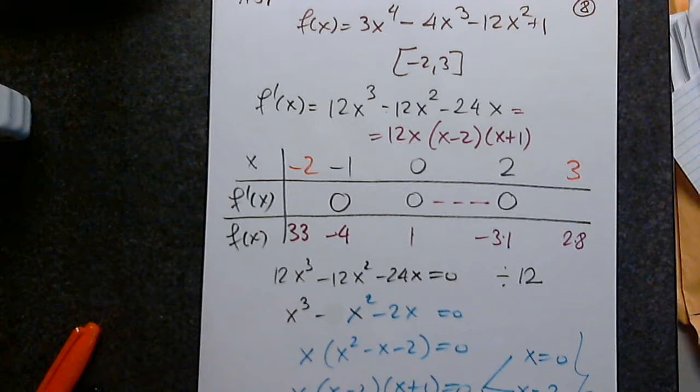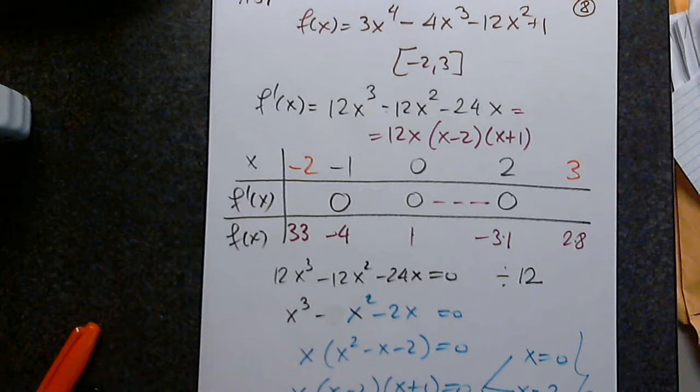So go back to y equals, and I have 12x. I don't need the 12, but I'm going to put it in. X minus 2 and x plus 1. So I plug in those values that I was mentioning. So negative 1.5, oops, negative 1.5.